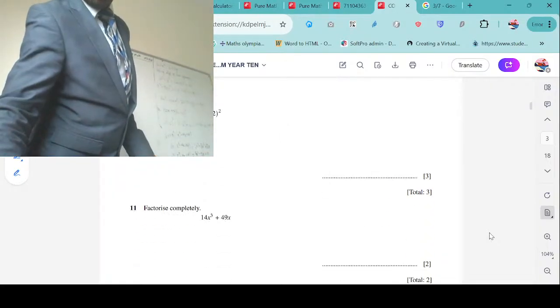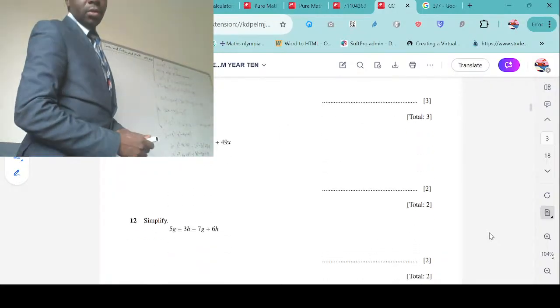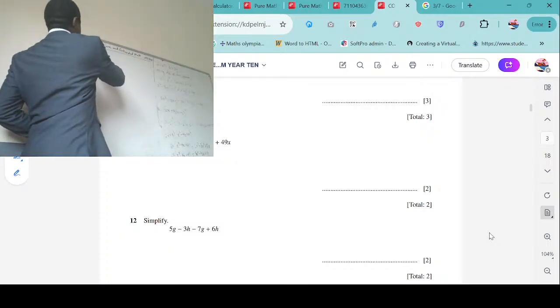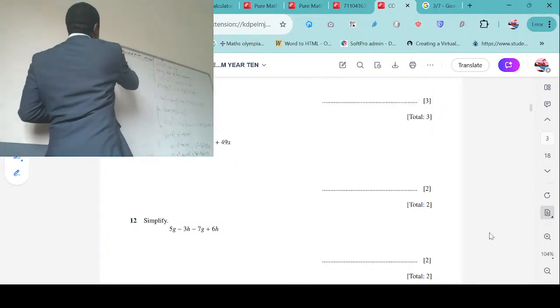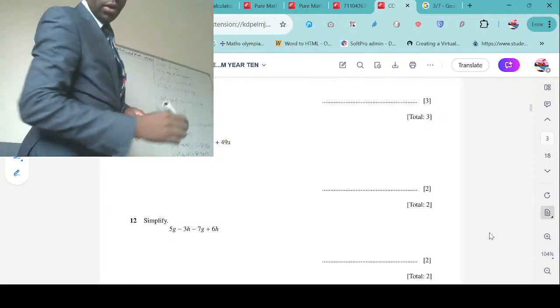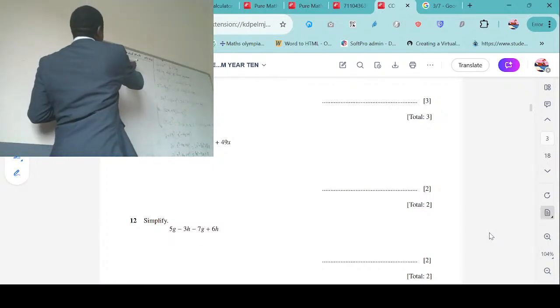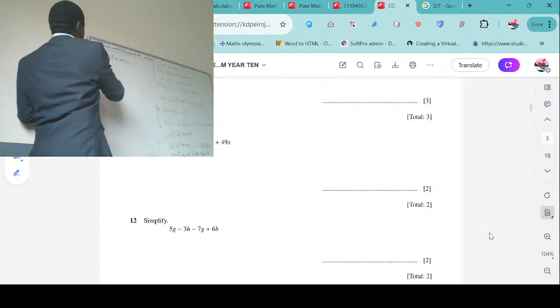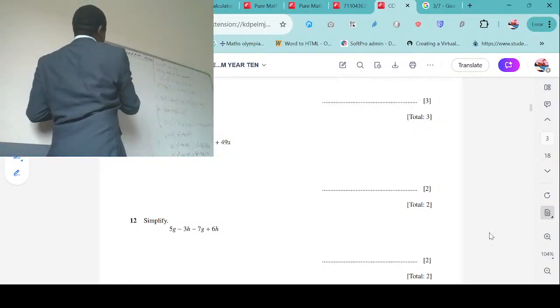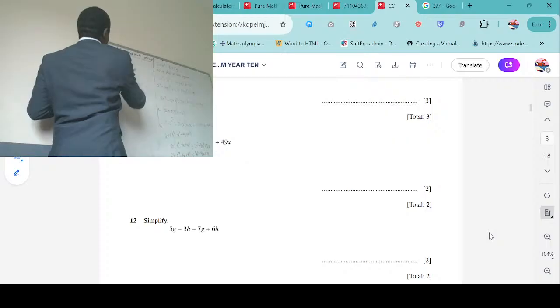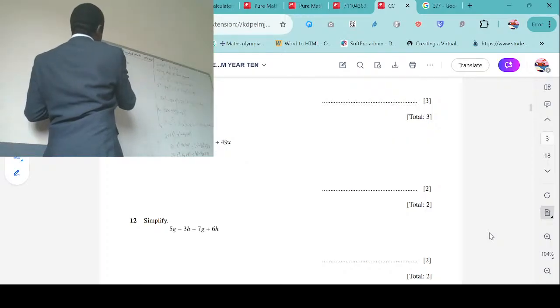So that's 3 marks for that. Factorize completely: 14x squared plus 49x. Like I told you, start by taking the highest common factor. Of 14 and 49 is 7, right? And the highest common factor of x squared and x is x.